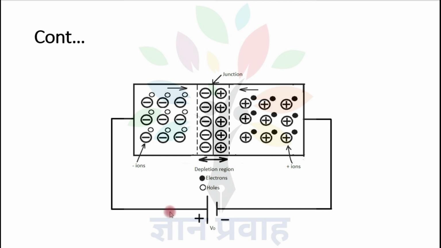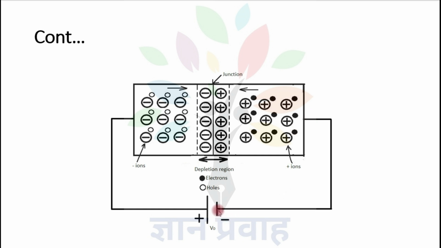This is the structure for a forward bias PN junction diode. Here the battery, that is VD, is connected across the PN junction diode. Positive terminal is connected to P side material. Negative terminal is connected to N side material.